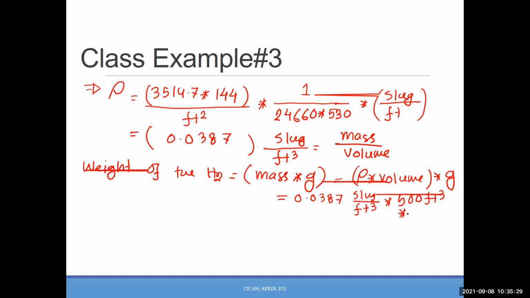And what is the value for g in FPS unit? 32.2, and the unit should be feet per second square. Okay, now again, I can cancel this feet cube, and this is again mass times gravity, ma, which is the weight.